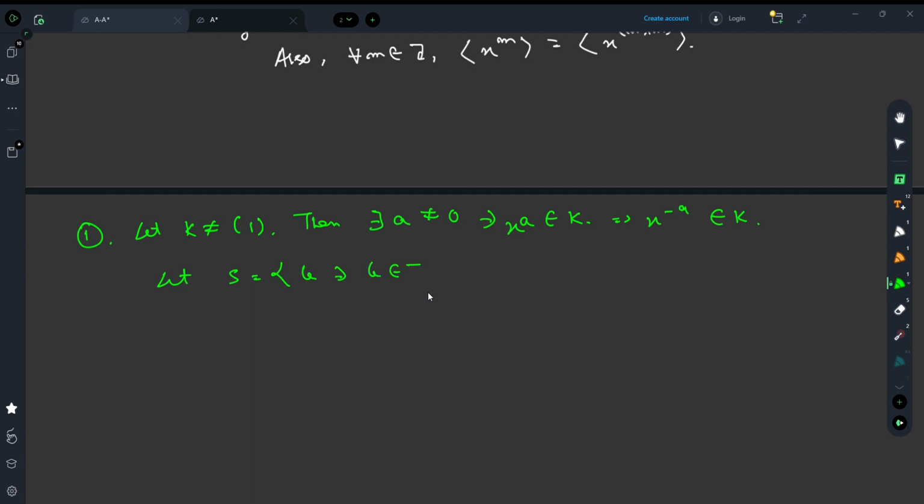Let S be the collection of elements b such that b is a positive integer and x to the power b is in K. Then this is a subset of natural numbers. Therefore, by the well ordering principle, there exists some smallest element in S. We denote this element as d.